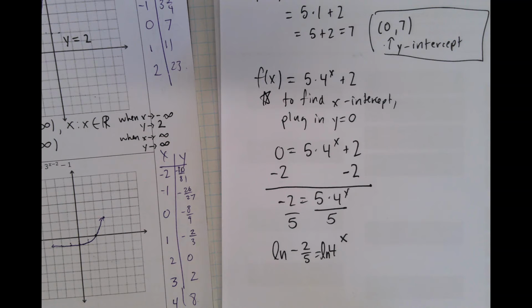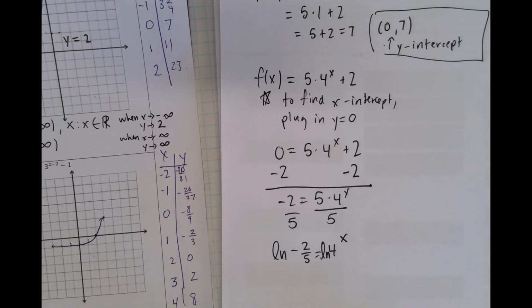So remember, why do we stop here and go, okay, I know there's no x-intercept at this point? Okay, so the concept is you cannot take a natural log or a log of a negative number.